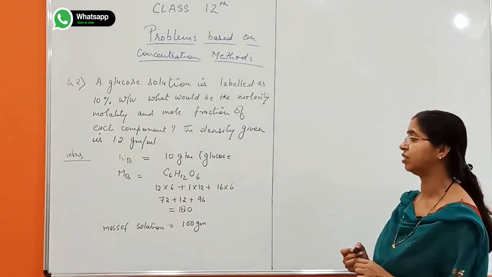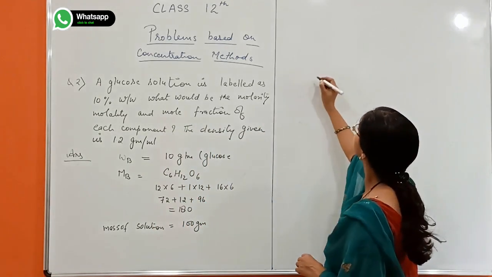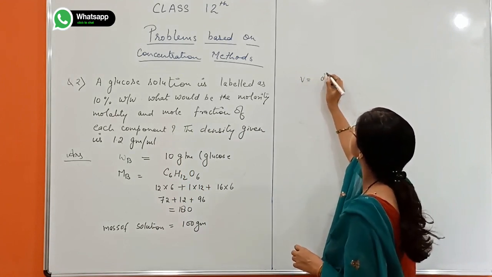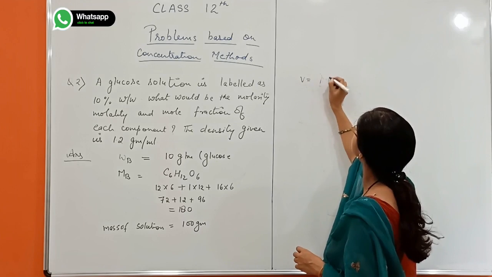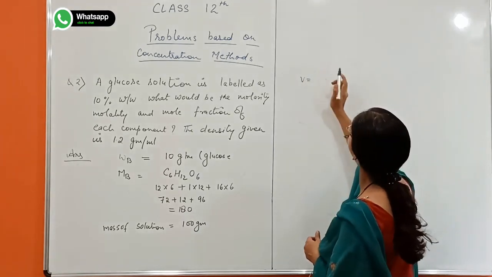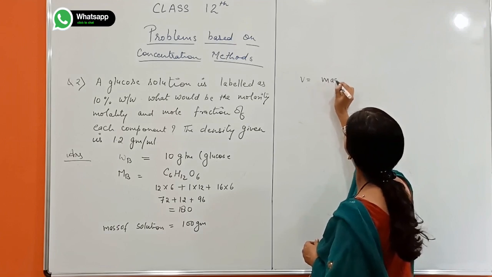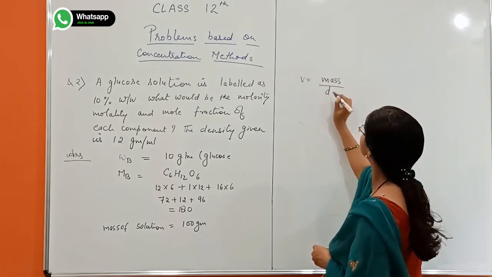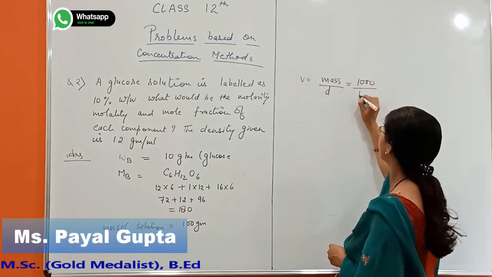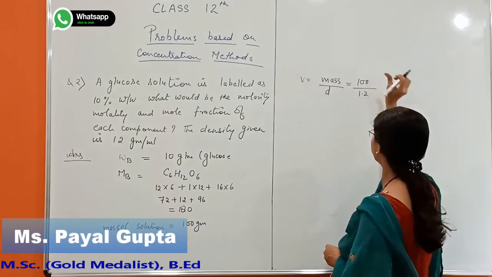Again you have to calculate the volume. Volume is mass upon density, so it is 100 upon 1.2.